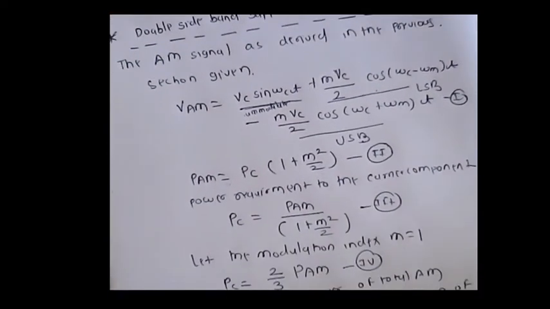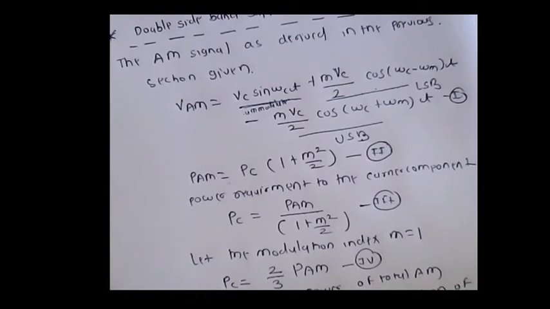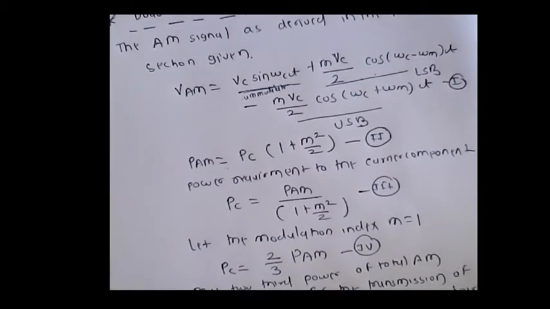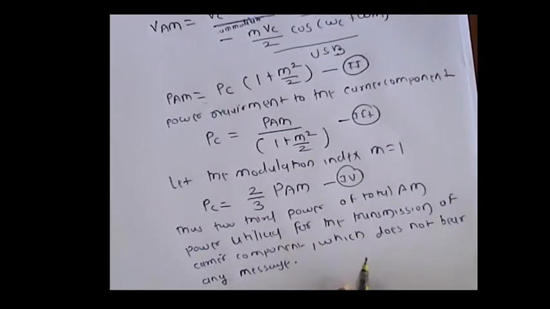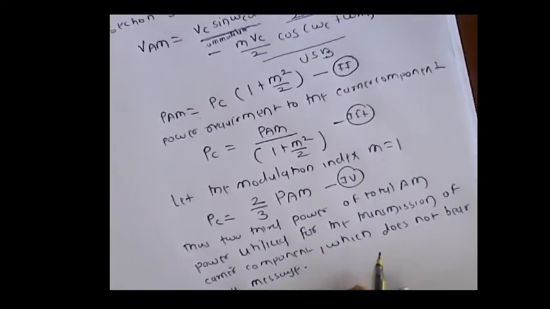If we think about the power requirement for only the carrier component, 2/3 of the total power is utilized by the carrier component, but this carrier component does not carry any information or message.